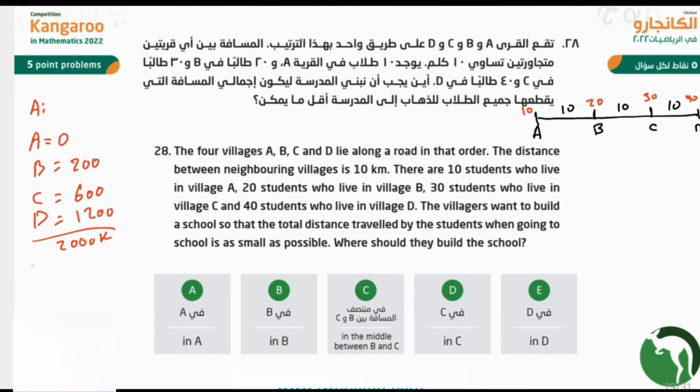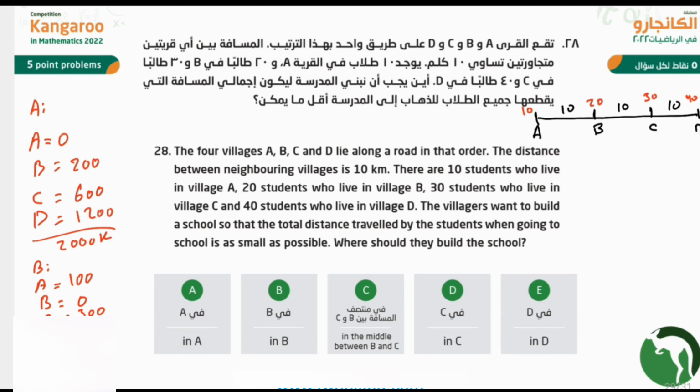Now, if we assume that the school will be built at B, in village B, so we have A with 10 students, they will cross 10 kilometers, so 100. And the students in village B will not cross any distance, so 0. In C, 30 students will cross 10 kilometers, so 300.